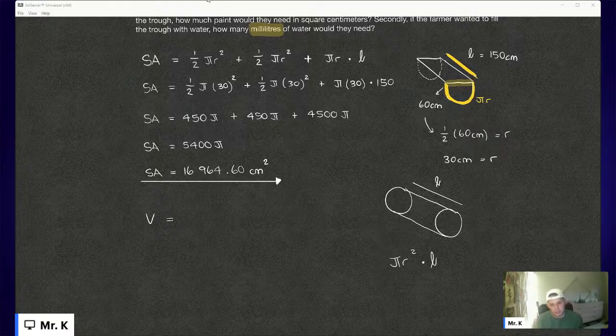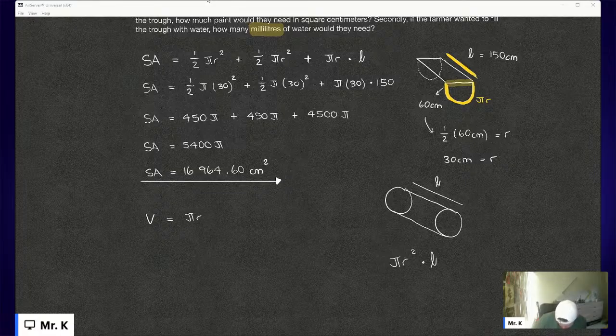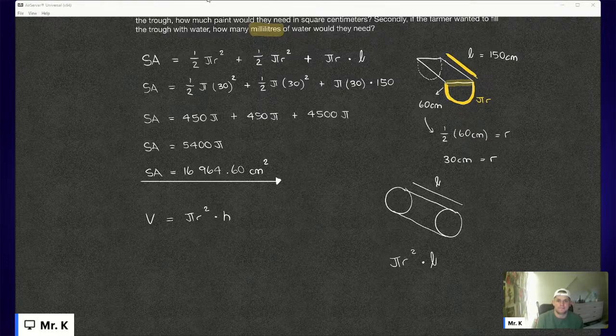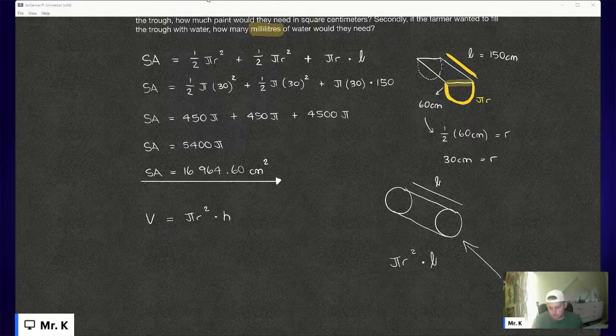So you guys can choose to practice deriving the formula for the volume of a cylinder, or you may memorize the formula on your own. The volume of a cylinder is going to be pi r squared times length in this case, but generally it is times height. Now, what's the problem with this in the context of our question? We do not want the volume of a full cylinder. We want the volume of half of a cylinder, right?